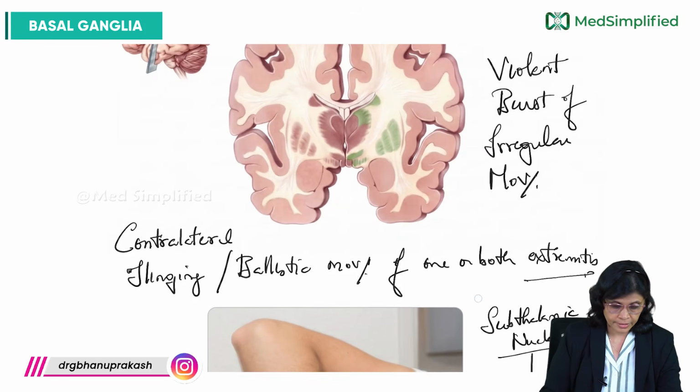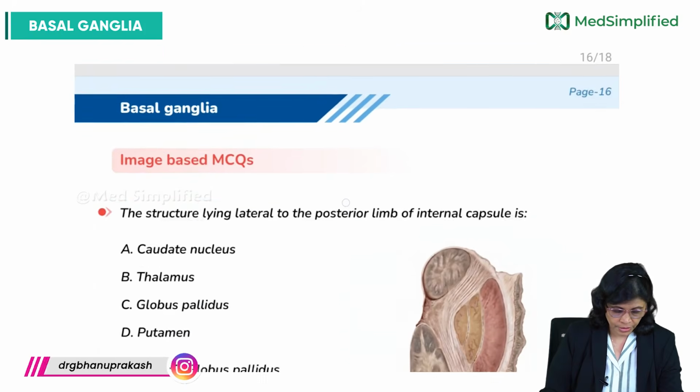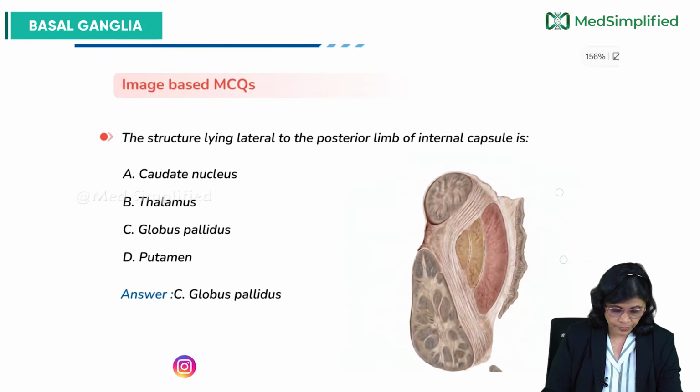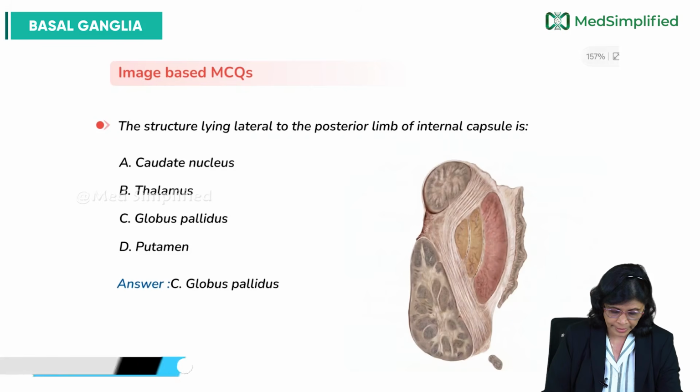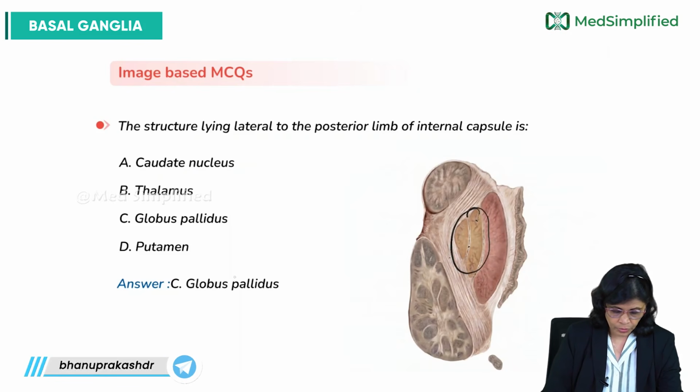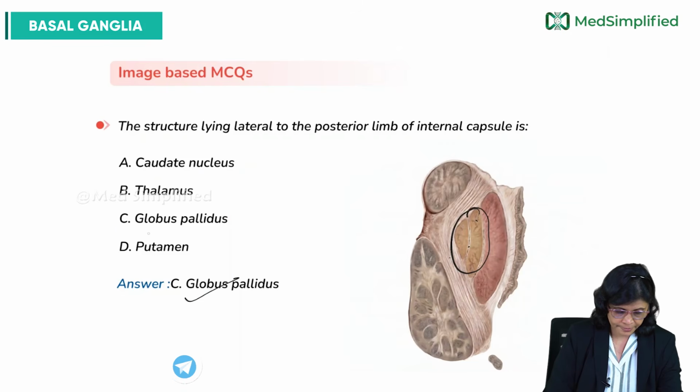Coming to the image-based MCQs: the structure lying lateral to the posterior limb of internal capsule. So this is the anterior limb, posterior limb. The structure lying lateral is the globus pallidus.